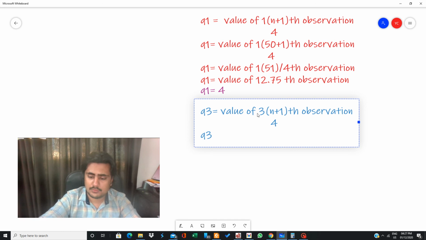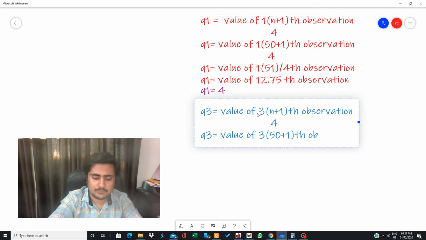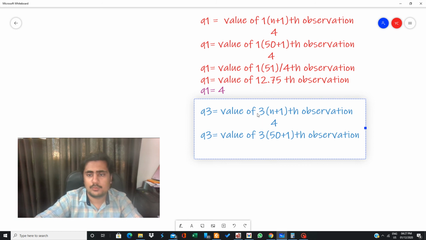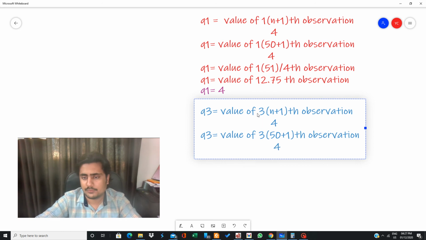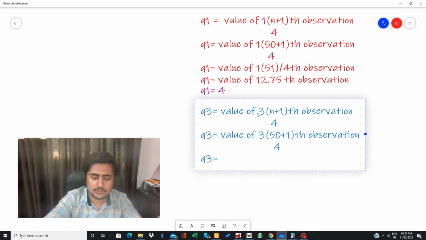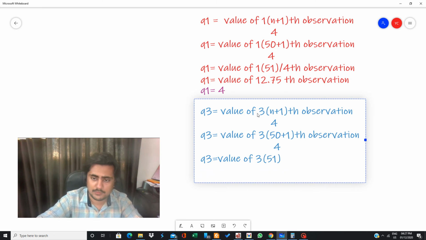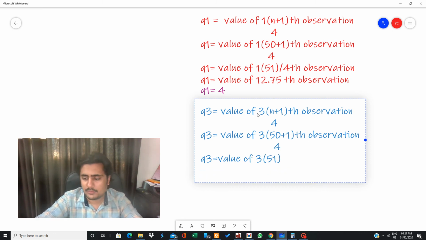Now Q3 is the value of 3 into 50 plus 1 upon fourth observation. So this Q3 is the value of 3 into 51 upon fourth observation.